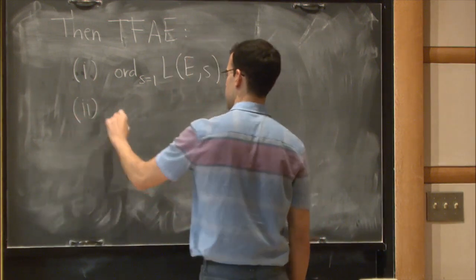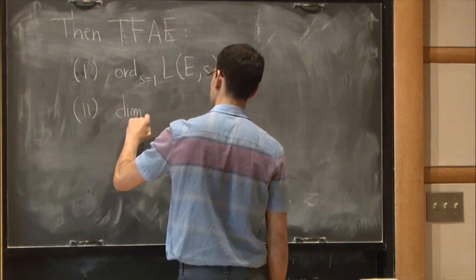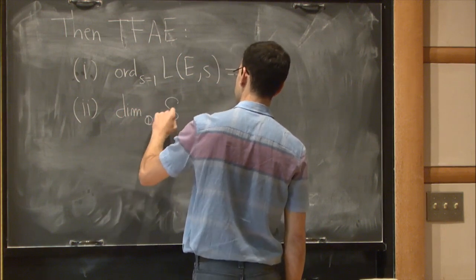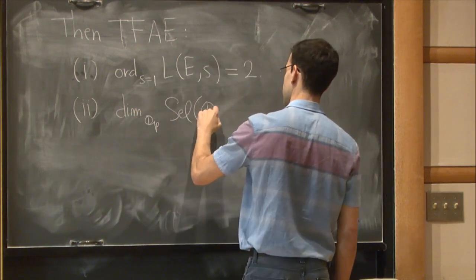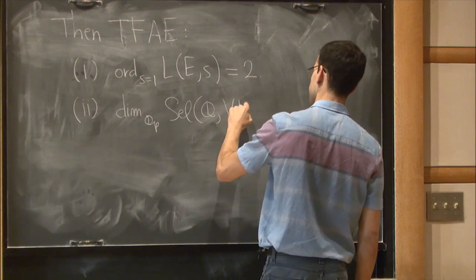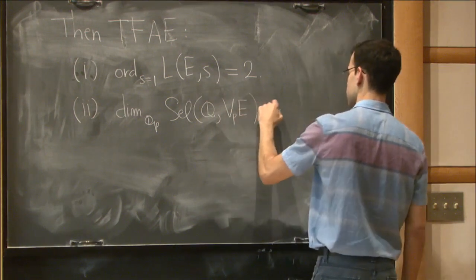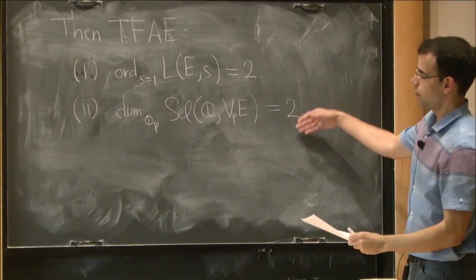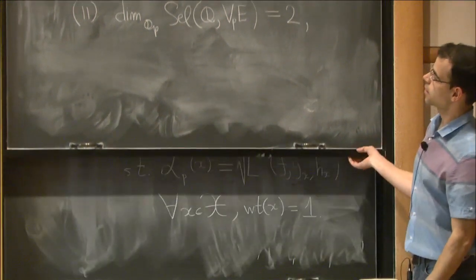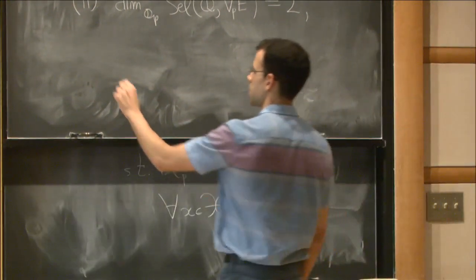Second is that the dimension of the p-adic Selmer group of E over Q is 2.